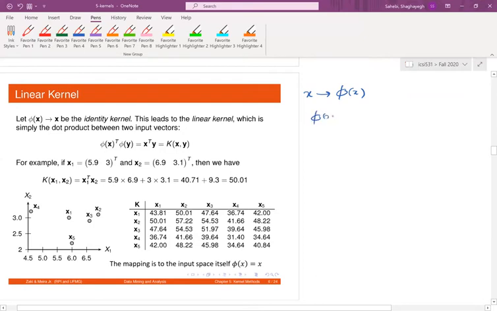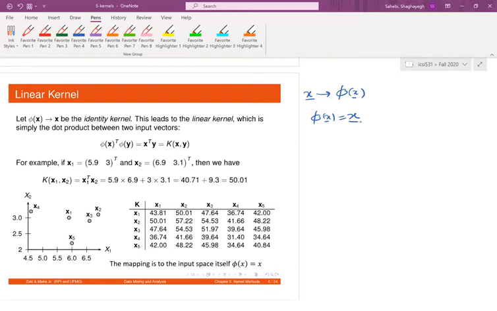For example, if I say phi of x is equal to x, x the vector of my feature representation, I get the identity kernel, which is basically a specific kind of linear kernel.